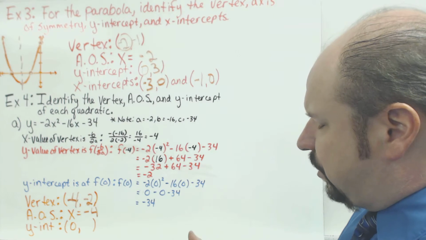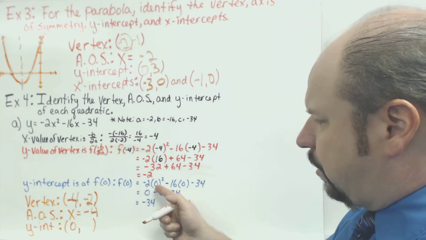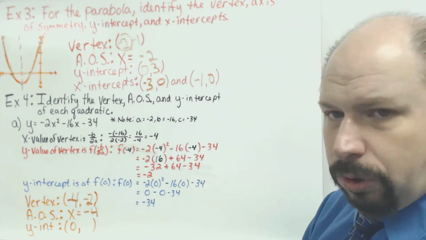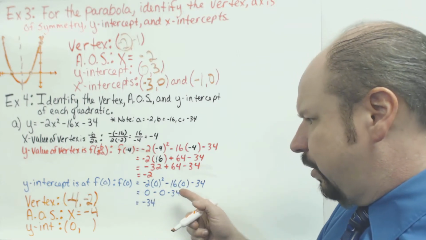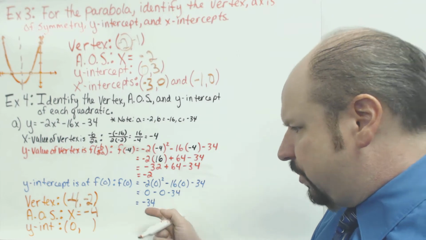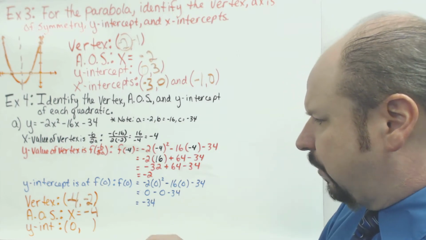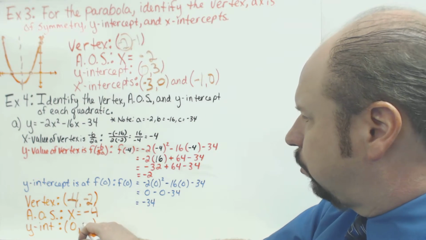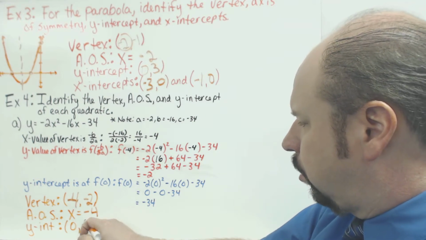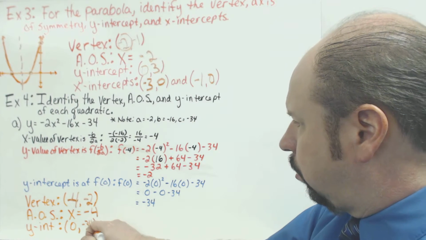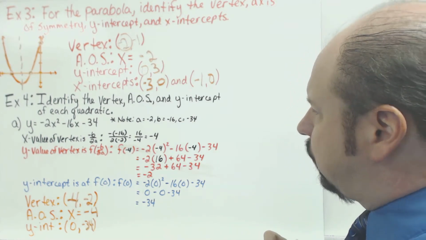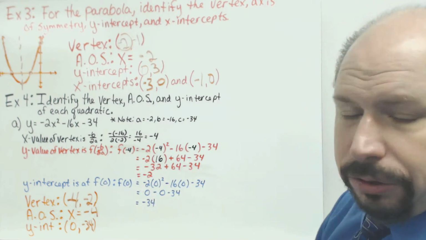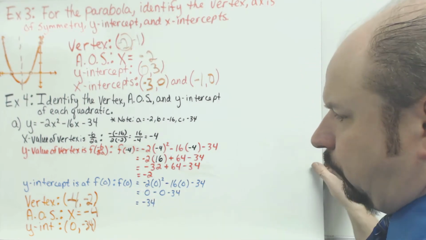So f of 0 is -2 times 0 squared minus 16 times 0 minus 34. So basically 0 minus 0 minus 34, which is -34. So our y-intercept is at -34. And that is it. We have found the three values that we were looking for there.